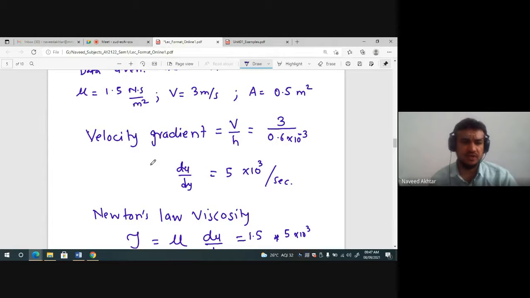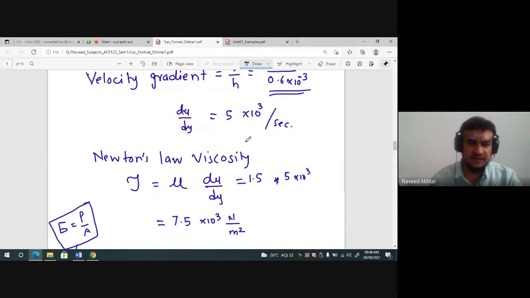So du by dy is nothing but the velocity gradient, and velocity gradient is velocity divided by h. So h is the distance apart of the two plates, 0.6 mm. That's why I have written in meter, 0.6 into 10⁻³ meter.